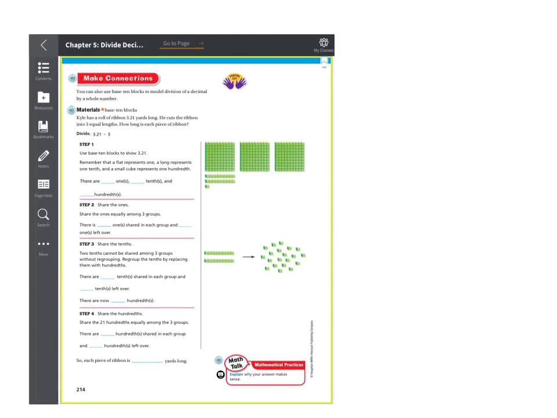Okay, so I'm going to move this over just a little to give me some room. Okay, so Kyle has a roll of ribbon that is 3.21 yards long. He cuts the ribbons in 3 equal lengths. So I'm going to be dividing 3.21 divided by 3. So this number is how many groups I'm going to divide.